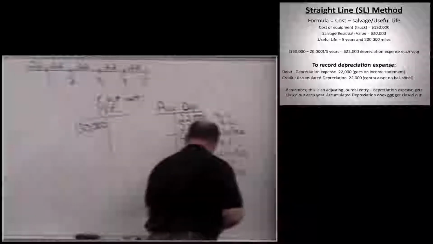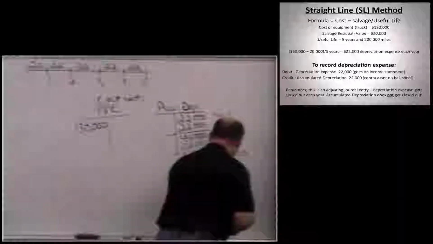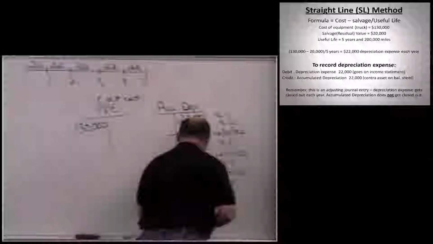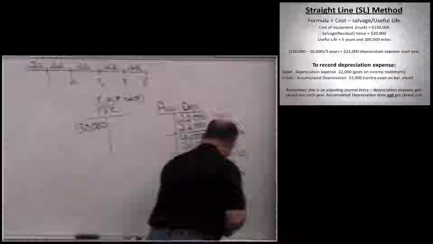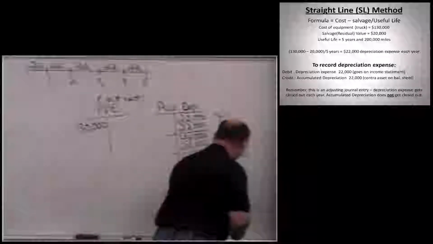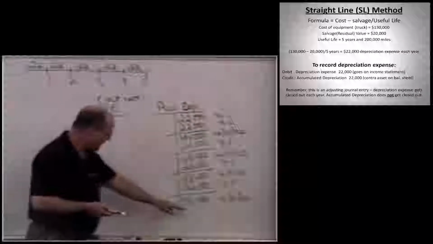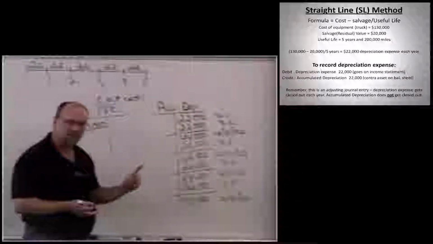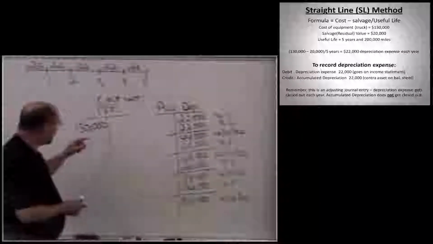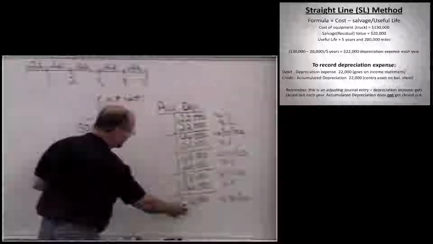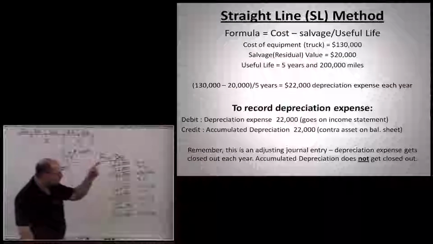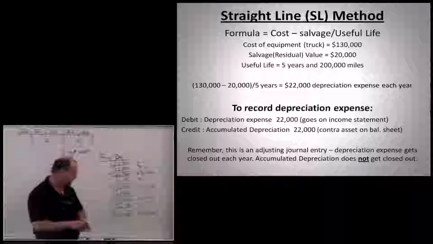And then year 5, end of year 5, end of the estimated useful life, notice that my accumulated depreciation is 110,000, and my book value, 130 minus 110, is 20,000, which is also my salvage value.